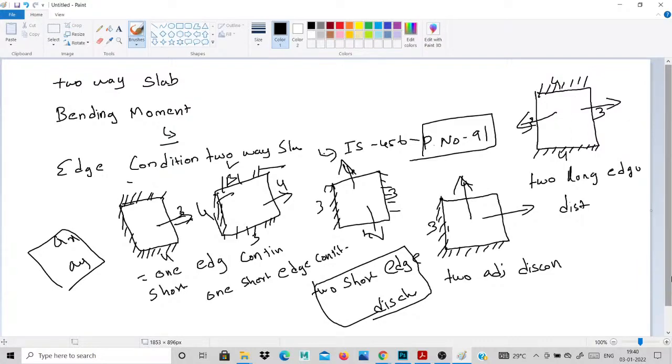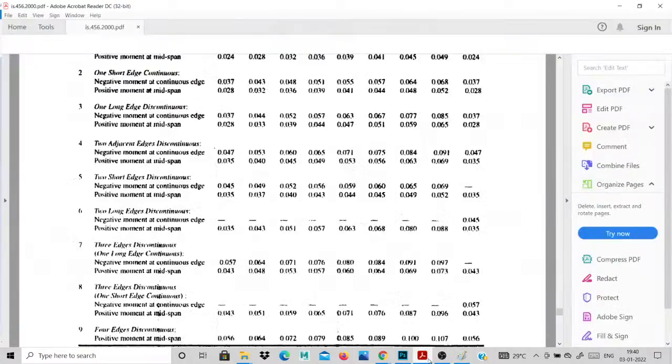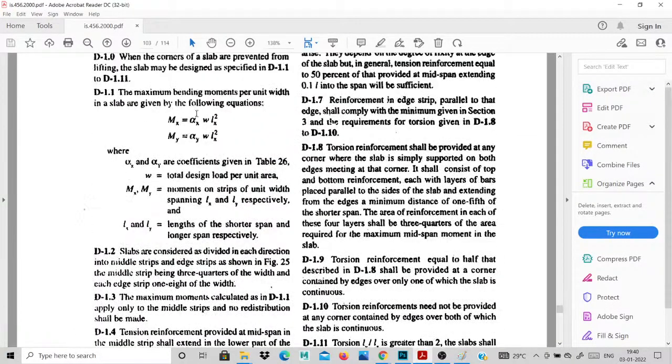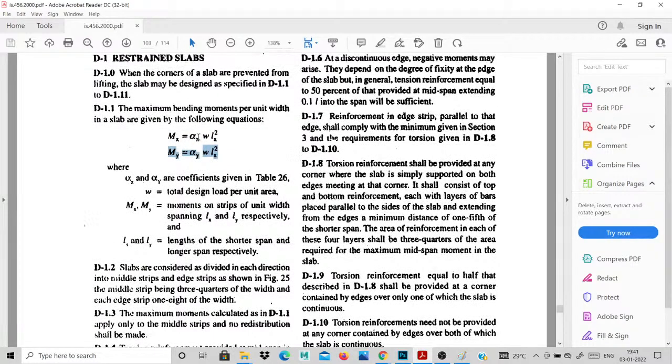Then you go to IS456. This is the formula for calculating the moments in the x direction and y direction for two-way continuous slabs. Then, how do you identify the Mx and My values? These are the alpha x and alpha y values.